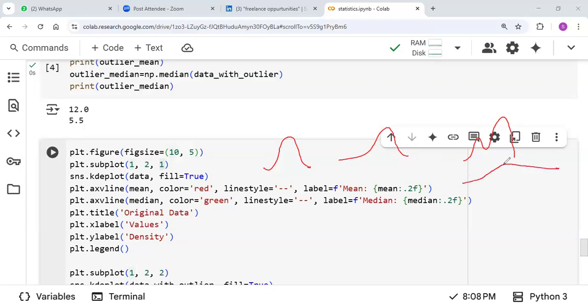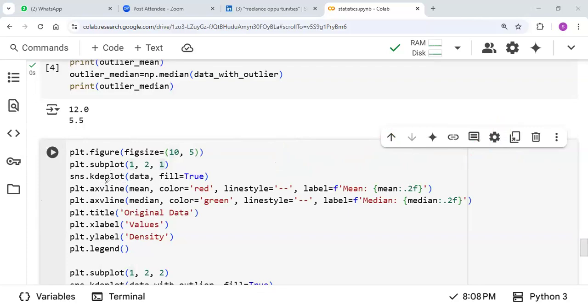If there is large variability, the distribution is going to look different. Over time you will learn to interpret the types of distribution. So the KDE plot shows the distribution of your data.